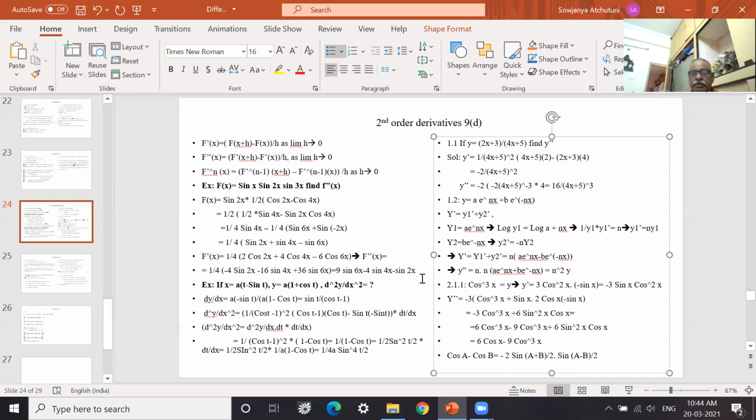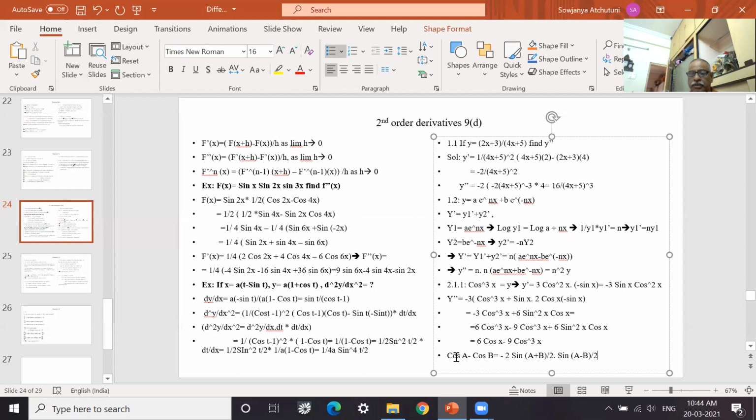Now it is given sin x, sin 3x. So x can be written as 3x minus x, and this is 3x plus x. So this is sin x into cos 2x minus cos 4x.